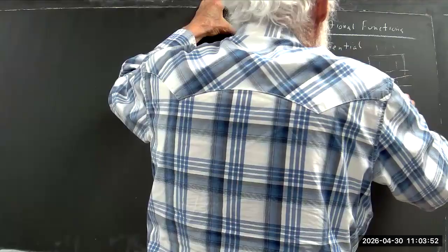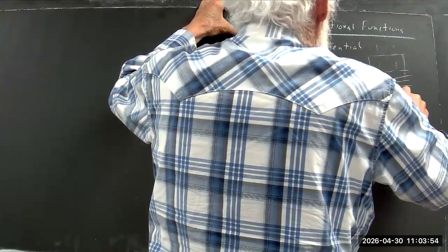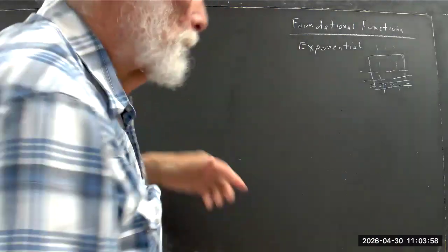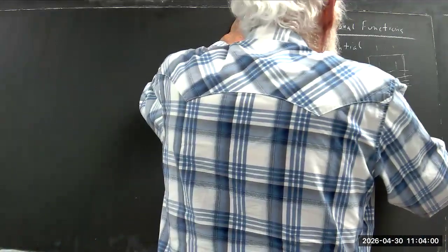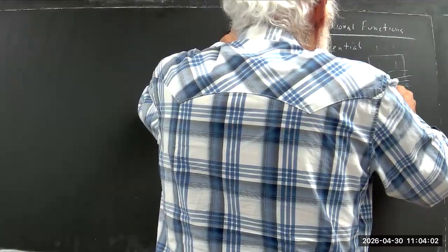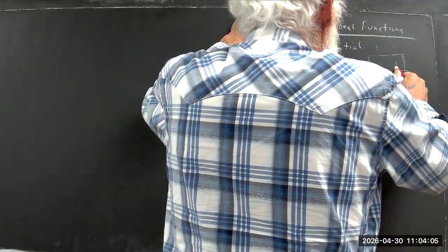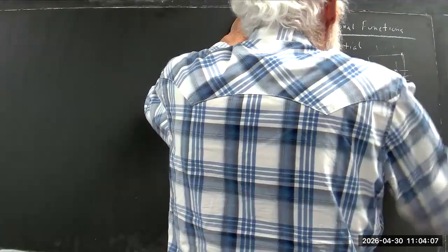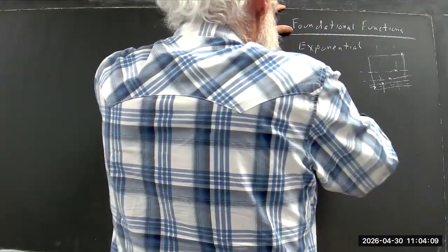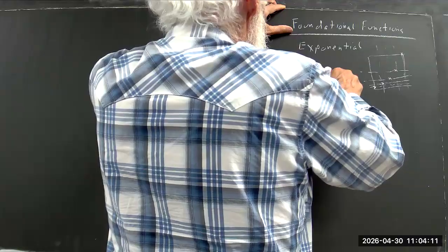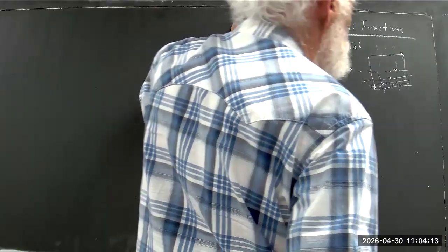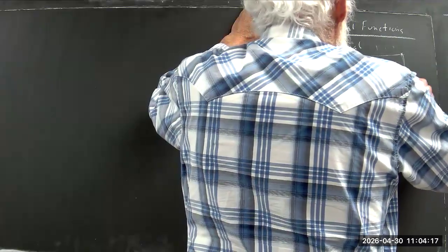I'm going to do this with no explanation because I've explained it a number of times, so you have access to it. And we don't want to take time with something you can easily access. There's the exponential shape by construction. And of course, we can sketch a smooth curve.